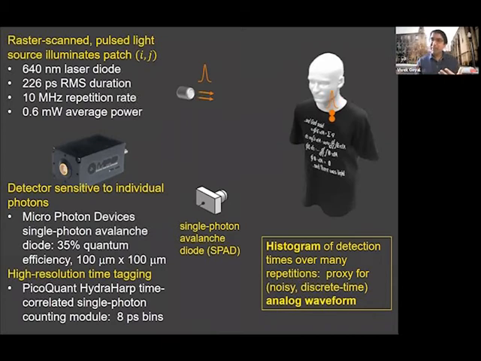But the concept of a histogram seems really silly if you only have a handful of detections. So I want to argue that even though the amount of data that you collect can be so low that it seems silly to create a histogram, you actually may still have enough information to form accurate depth and reflectivity images.